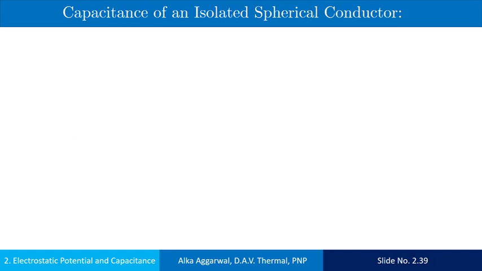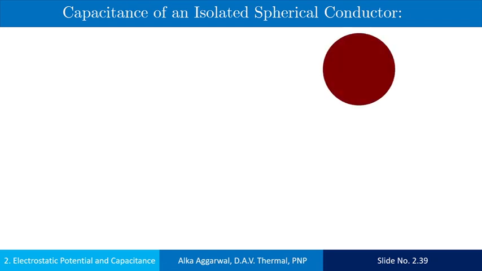Capacitance of an isolated spherical conductor. It means that its second plate is at infinity. Let it be a spherical conductor of radius r having a charge q, which is supposed to be concentrated at its center. Potential at any point on the surface is given as q upon 4 pi epsilon naught r, which you have seen in previous lectures.